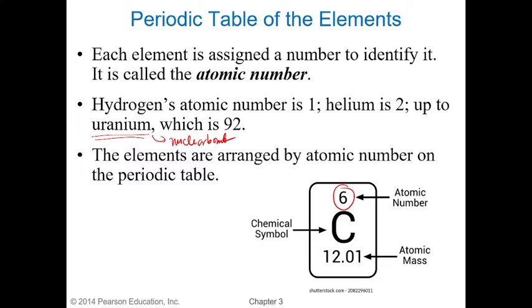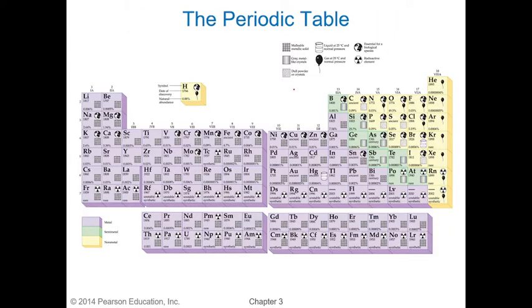Okay? So the elements are arranged by atomic number on a periodic table. So increasing number of atomic number. Parang ganito siya. So we'll start with 1, 2, 3, 4, 5, hanggang 8. Then this is so on. So increasing siya.